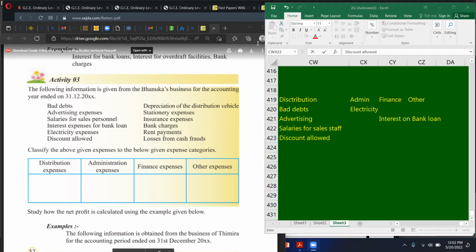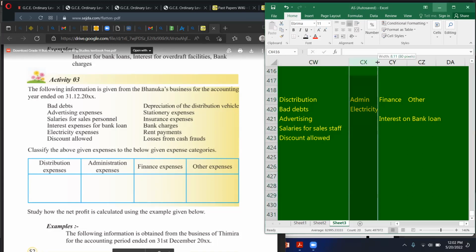Sarah, can you tell me the other part? Starting from depreciation of distribution vehicles.